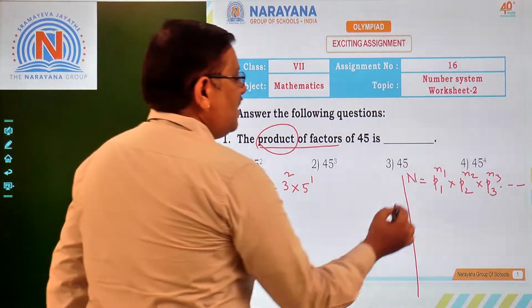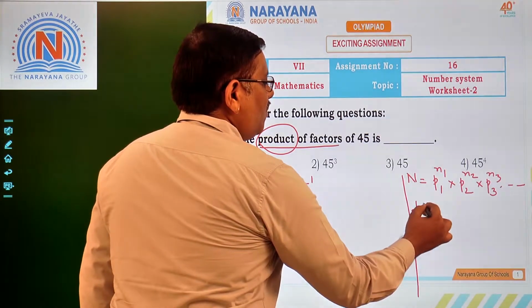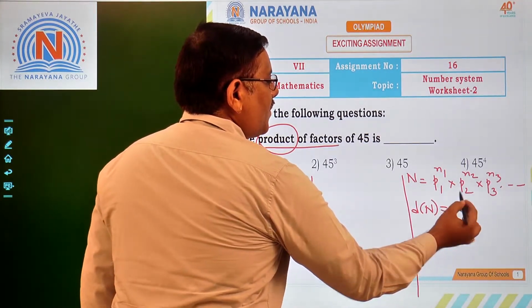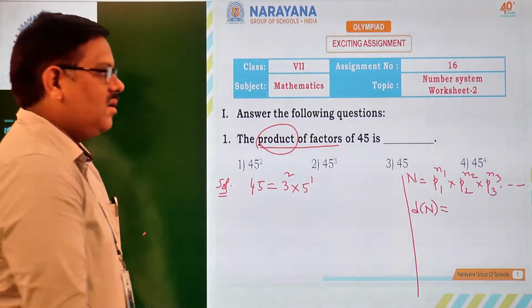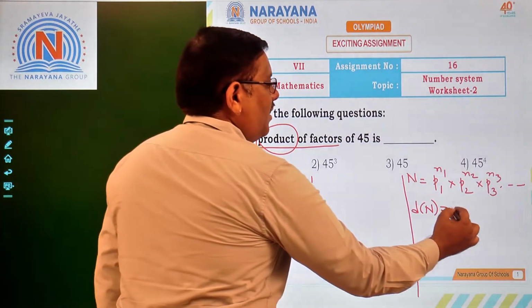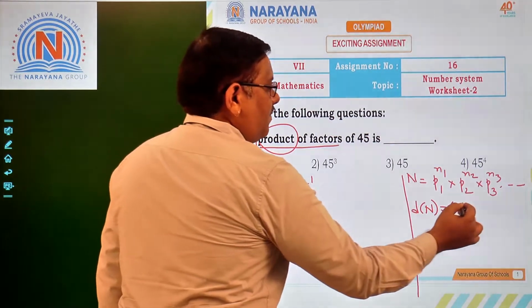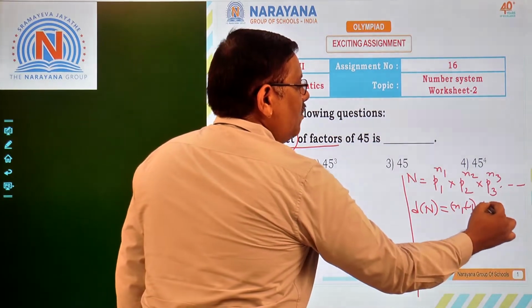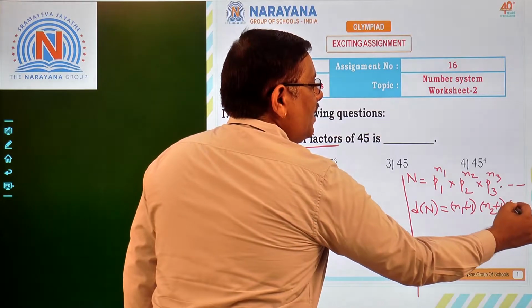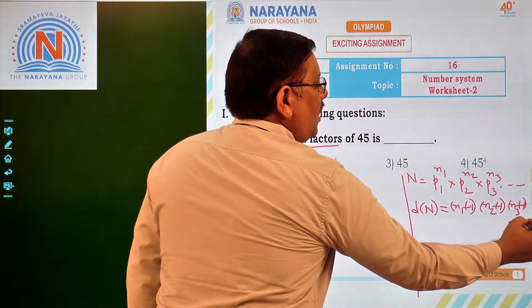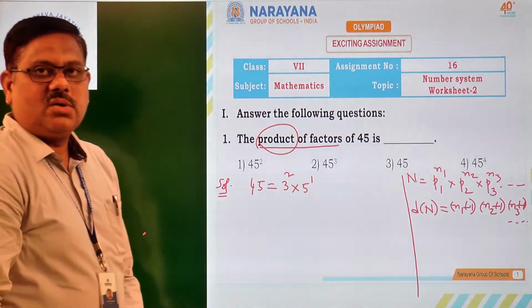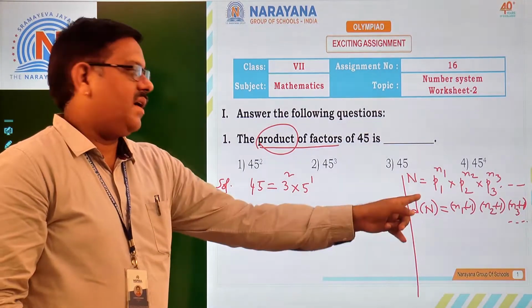In that case, first step is find out the divisors of n. What are the divisors of n? Nothing but number of divisors. That is n1 plus 1 into n2 plus 1 into n3 plus 1, so on. D of n denotes number of divisors or number of factors of n.